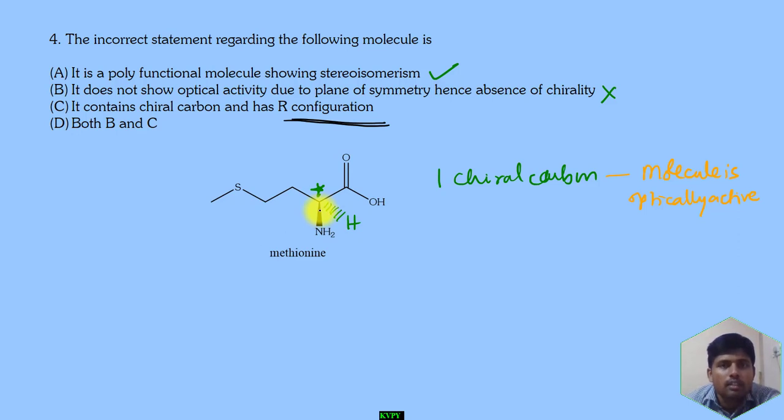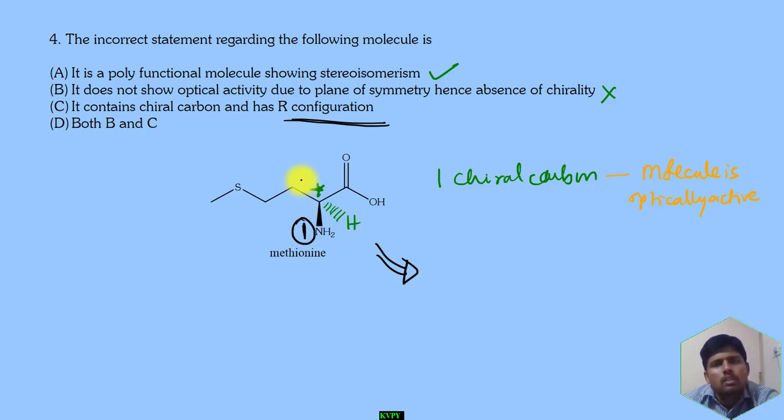So let us look at this way. We have to assign priority rules here. So very simple. You can convert this to Fisher projection and find out also, and you can directly assign the priority and find out also. This is nitrogen, so priority 1 here.